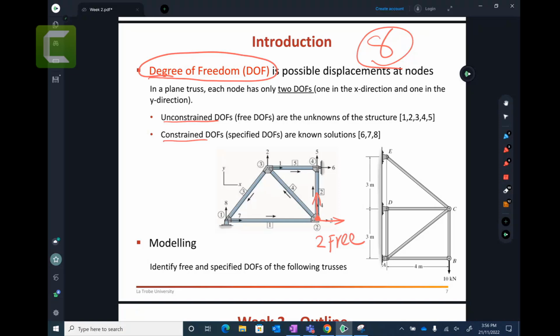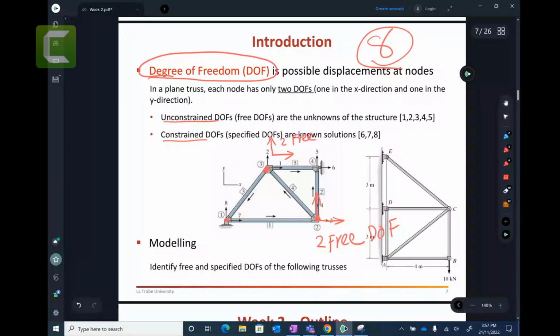And for node number 3, you can see this node can move left and right and it can go up and down, so there are another 2 free degrees of freedom.